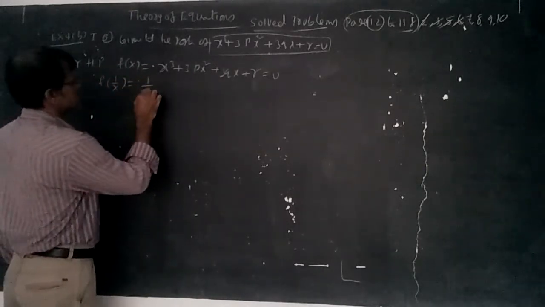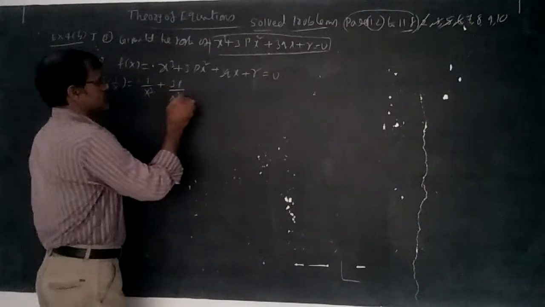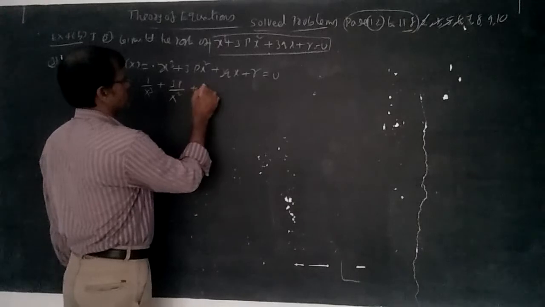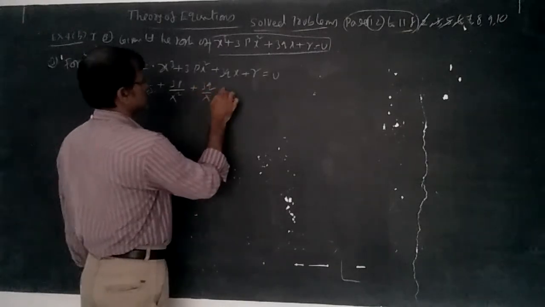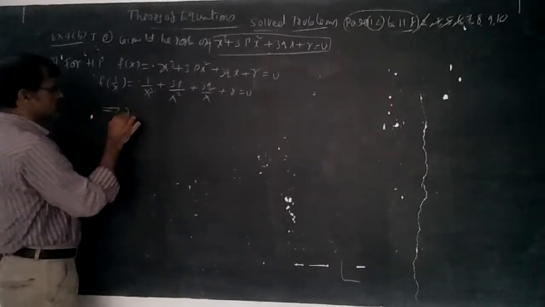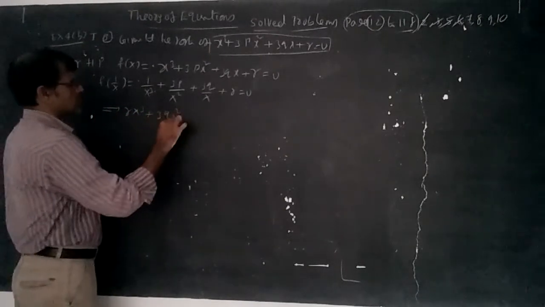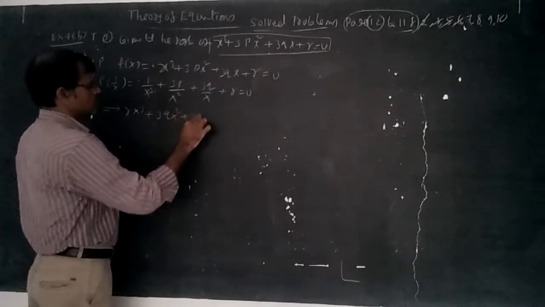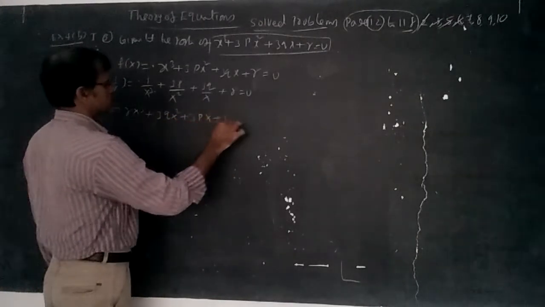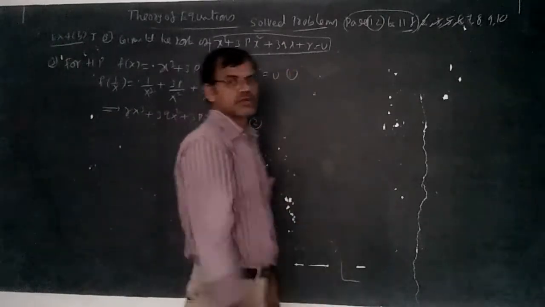So taking the reciprocal equation, it becomes 1 by x cube plus 3p by x square plus 3q by x plus r is equal to 0. That implies it becomes rx cube plus 3qx square plus 3px plus 1 equal to 0. Let it be the second equation, and the original is the first equation.